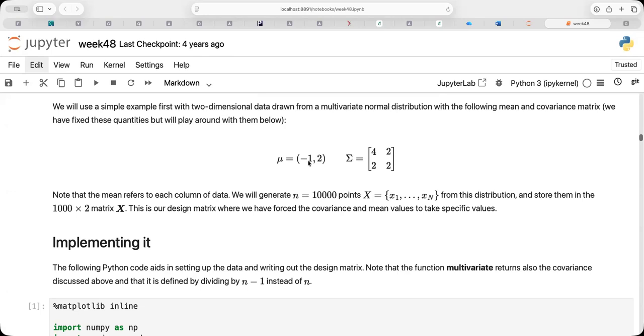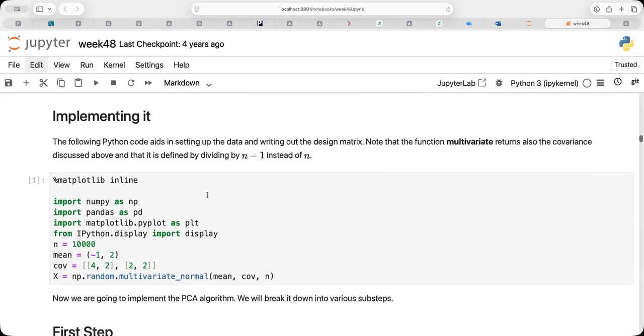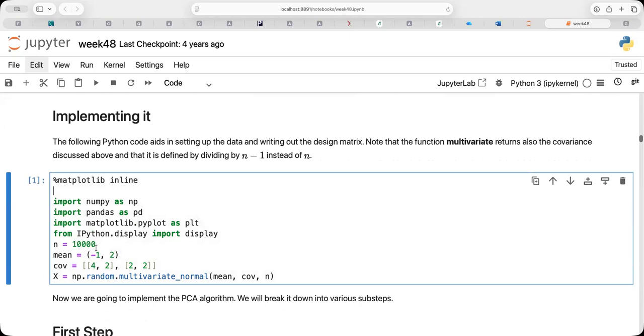These are Gaussian random numbers, and I picked 10,000. This is now my covariance matrix, and then I can just set it up here. You can see I have 10,000 points, and a multivariate normal distribution, which takes this mean value and this covariance.